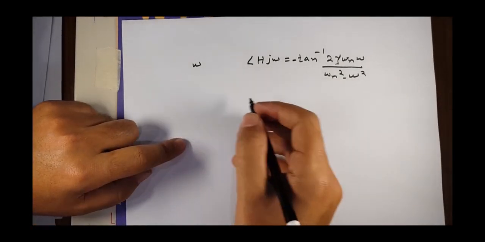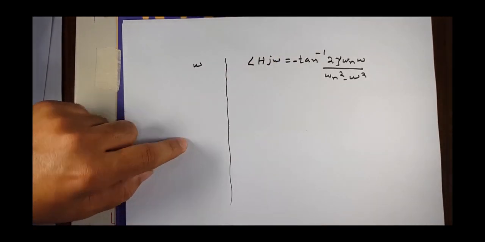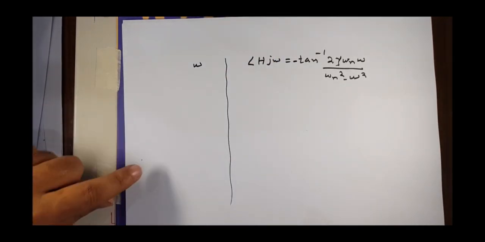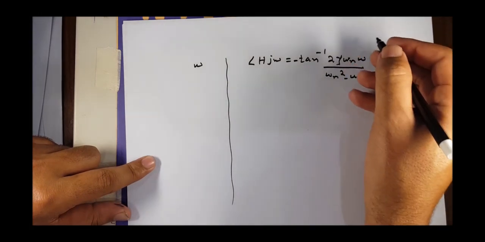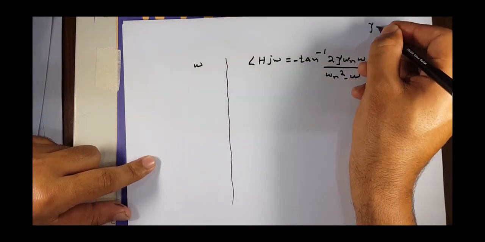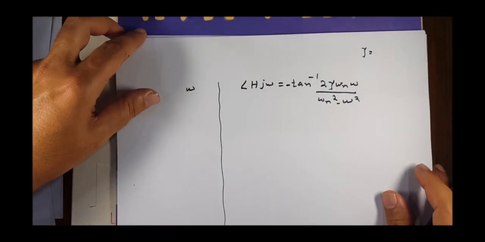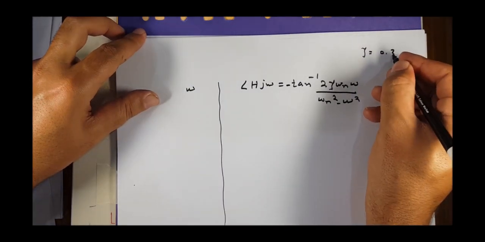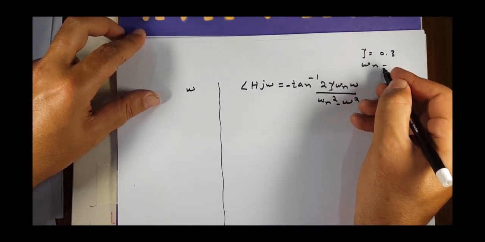Now we draw this table. So you have zeta equal to 0.3 and omega n equal to 10.